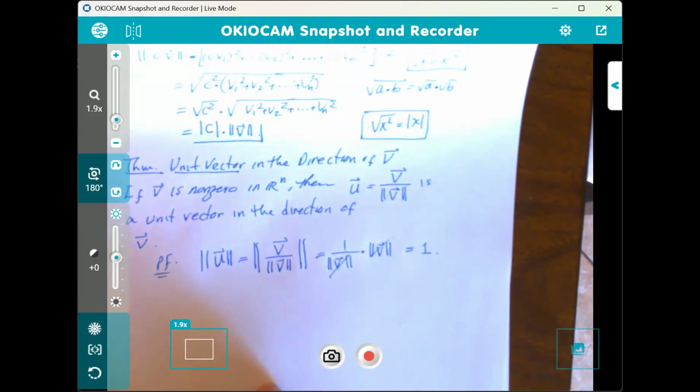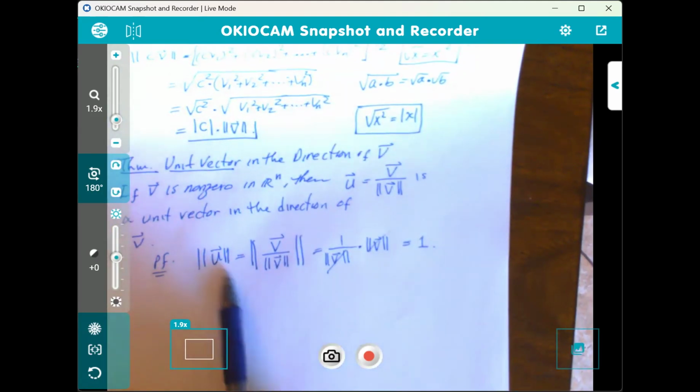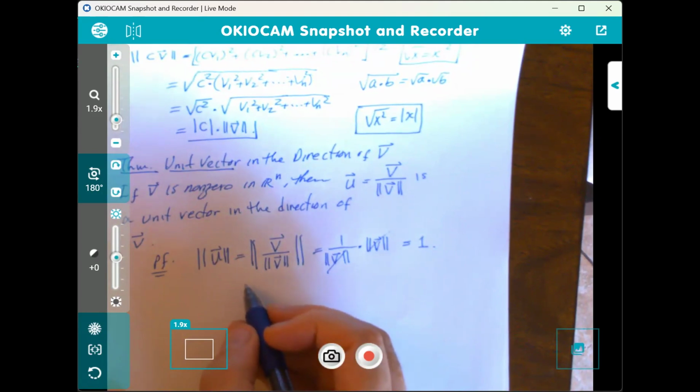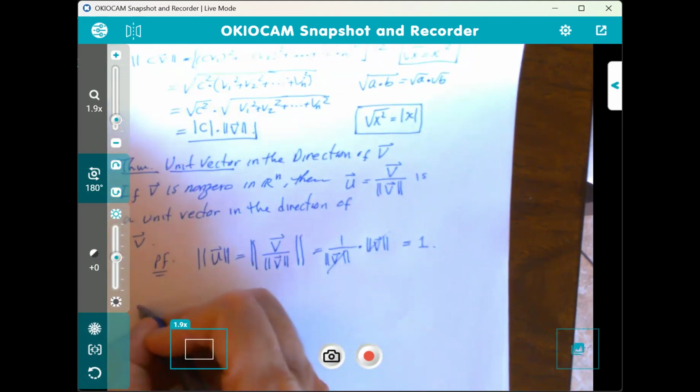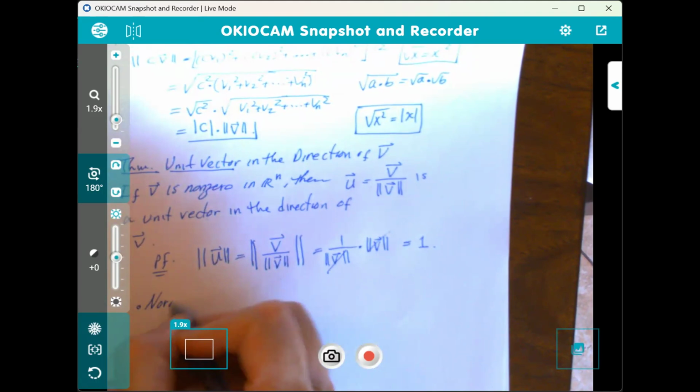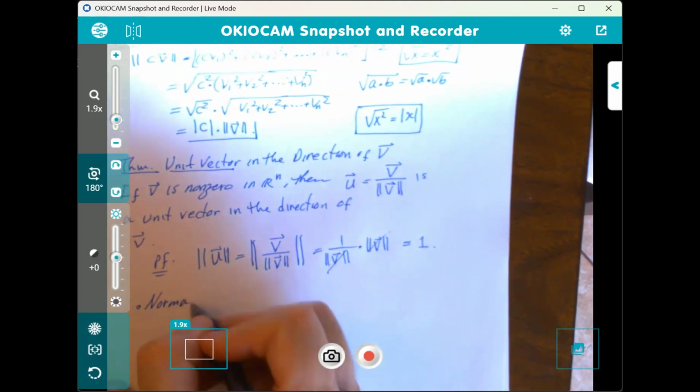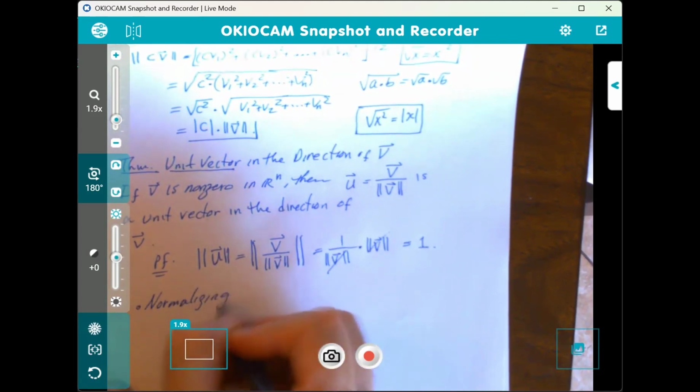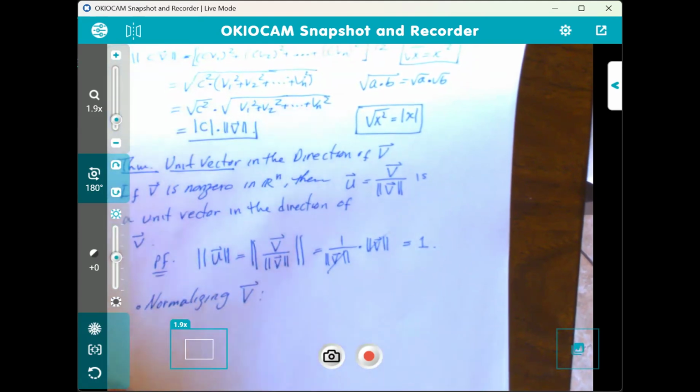Okay. Now, the process of finding u, when we try to find a unit vector in the direction of another vector, is called normalizing. So let me just note this. When we say to normalize a vector v, what do we mean by that?